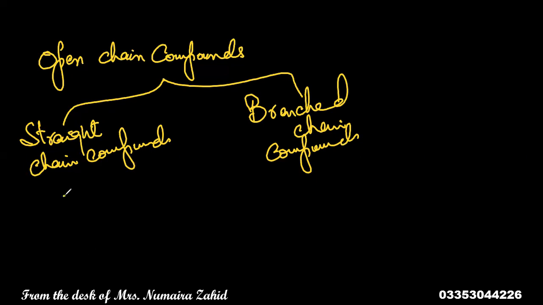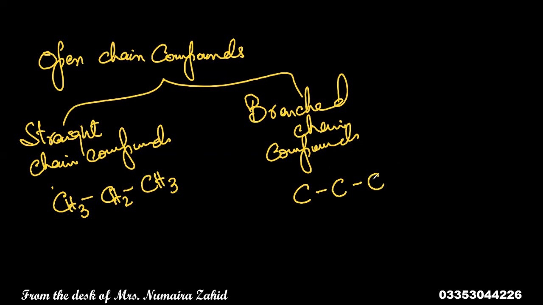Like for example, if we talk about propane again, it is CH3, CH2, CH3. And if we talk about butane here and here, this is structure CH3, CH2, CH, CH3 and CH3.